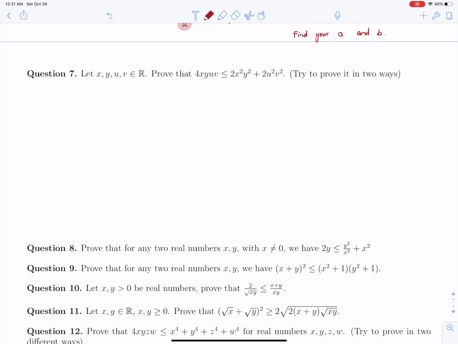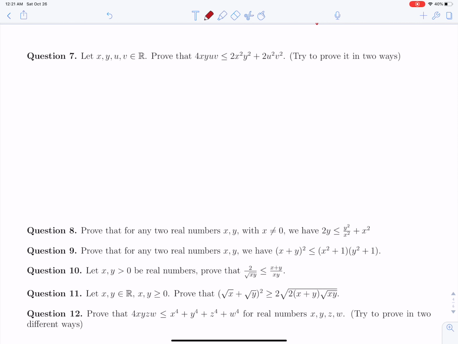Prove that for x, y, u, v, xyuv is smaller than or equal to 2x squared y squared plus 2u squared v squared. And I want to prove it in 2 different ways again. Well, if you take a guess, you know that I'm gonna use complete the square and AGM, right?